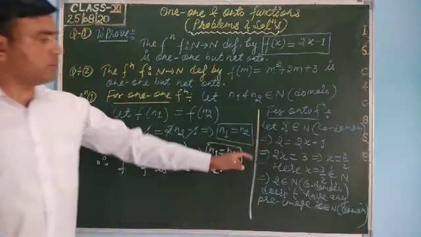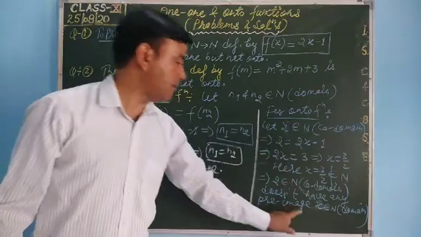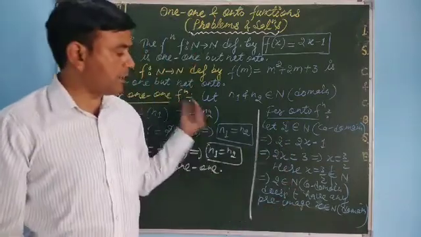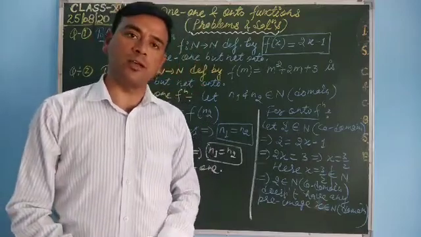Okay, we know that if any element in codomain doesn't have any pre-image in domain, it means the codomain will not be equal to range of the function.